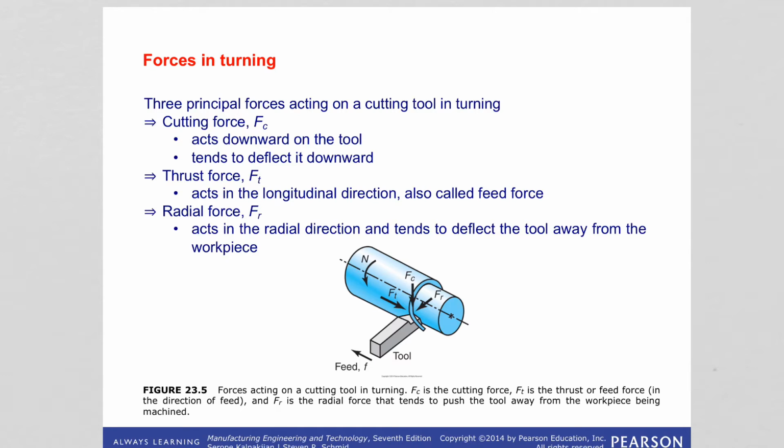What are the forces in turning? There are three principal forces acting on a cutting tool that are important in the design of machine tools, deflection of tools, and workpieces for machining operations. The first one is the cutting force, Fc.